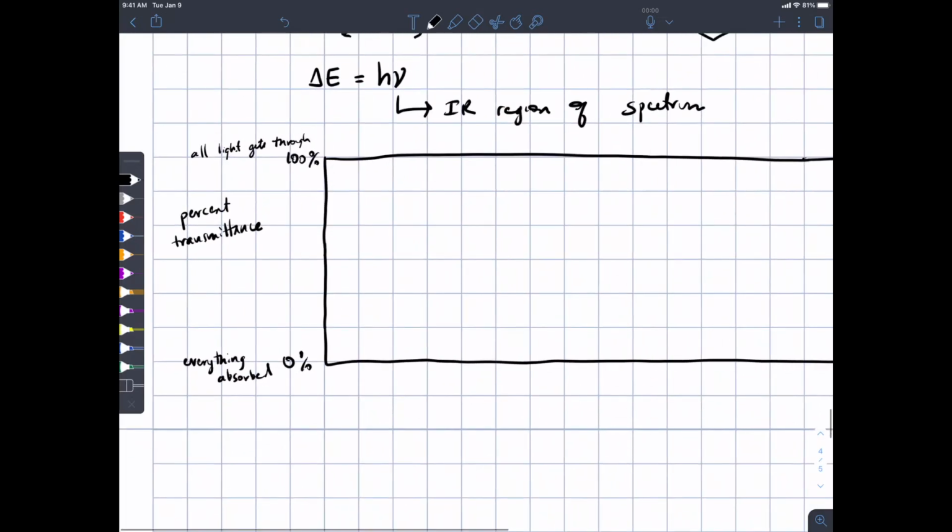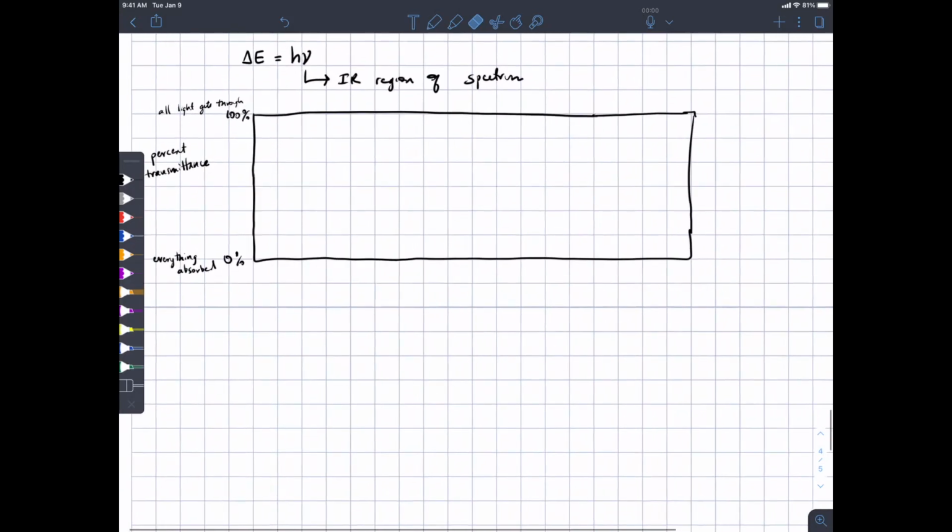So we're going to be seeing negative peaks. That is, if we see absorbance at a particular wavelength, we're going to see that at that wavelength, 0% of the light gets through, or 70% of the light gets through, or so on.